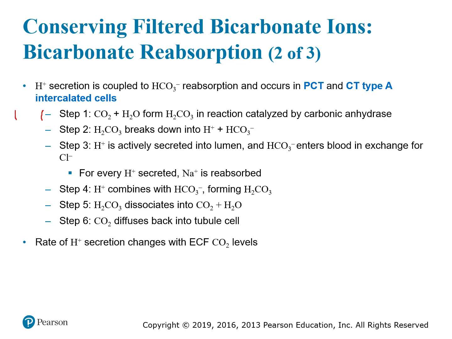I'll put IC for intercalated cell. So inside the intercalated cell, what is happening? The carbon dioxide reacts and carbonic acid is made, and then this carbonic acid breaks down into hydrogen and bicarbonate. And then in step 3, this hydrogen is actively secreted.